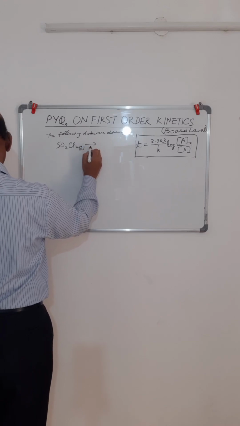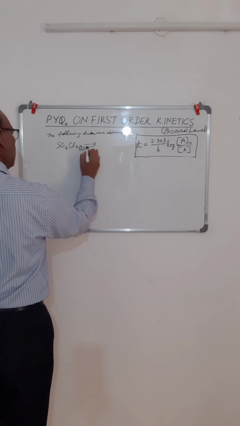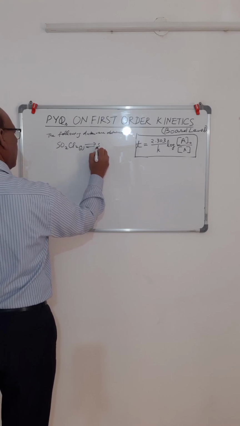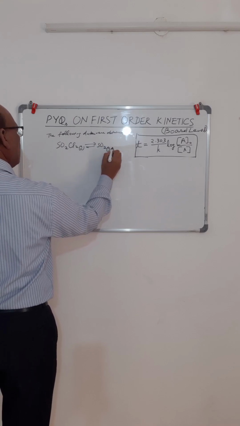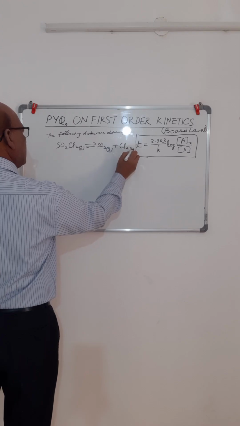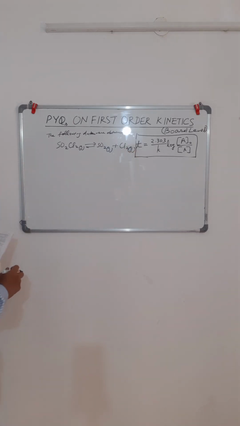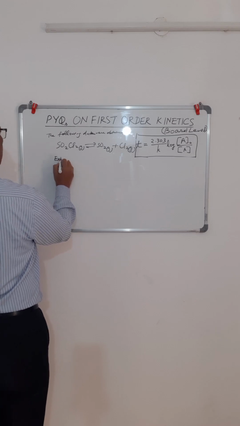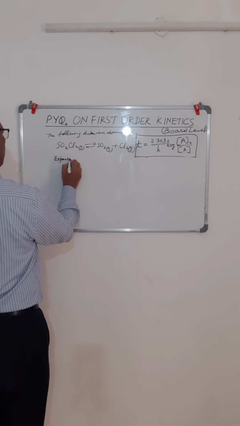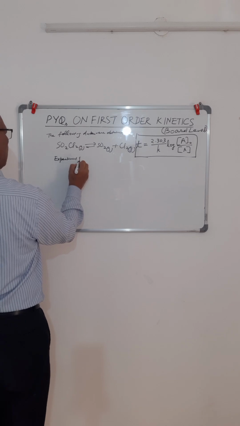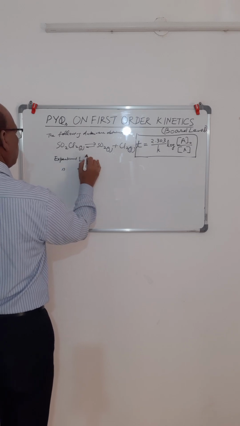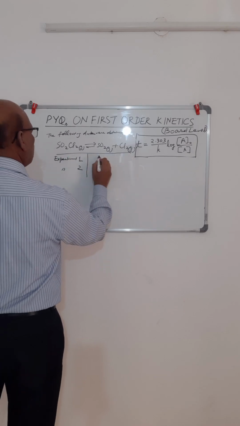This is a reversible reaction which gives SO2 gas plus Cl2 gas. Okay, so this is the reaction, and the experiment was done. Two experiments were done, that is experiment number 1 and experiment number 2, and here it is tabulated.